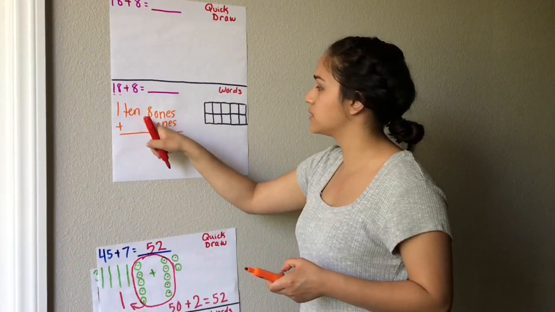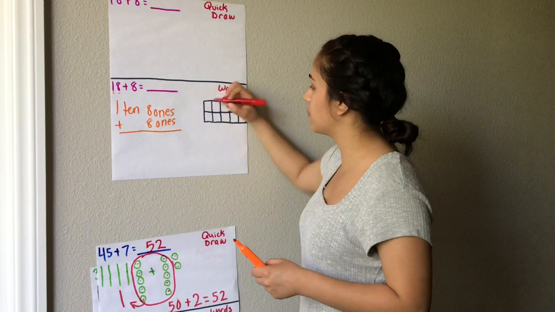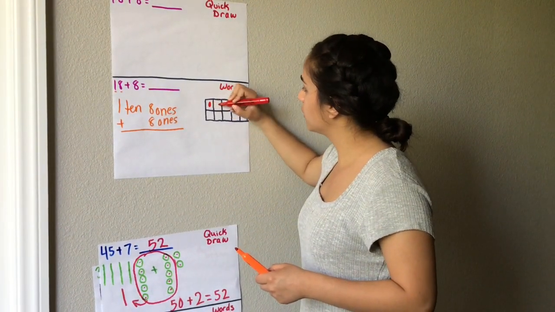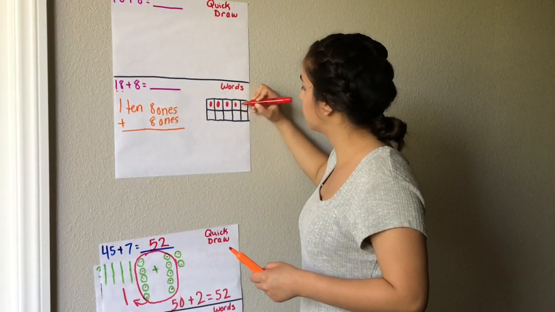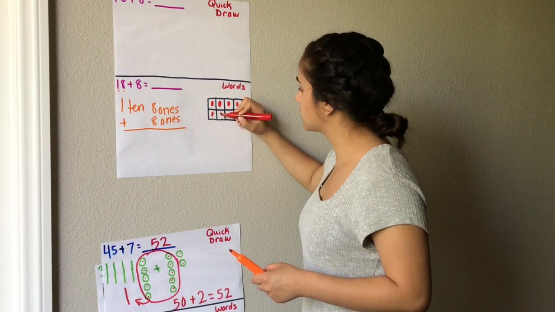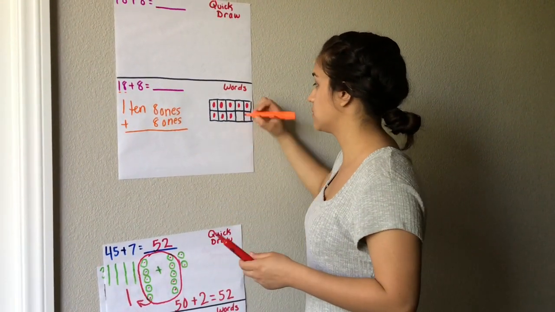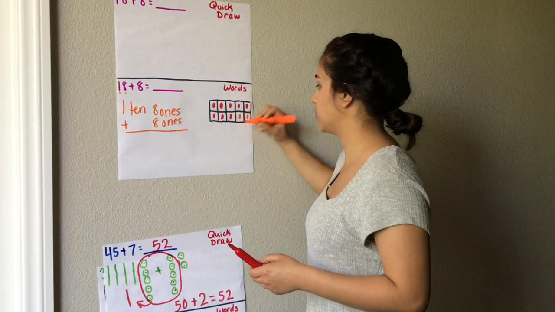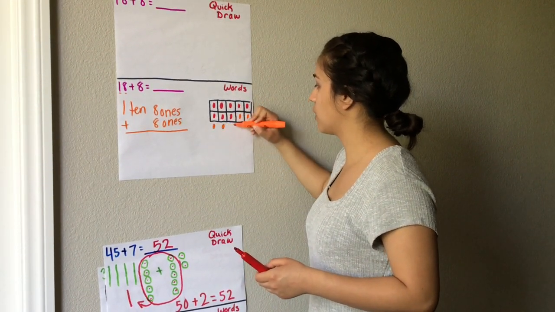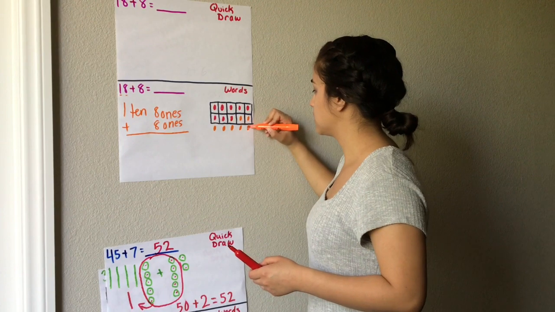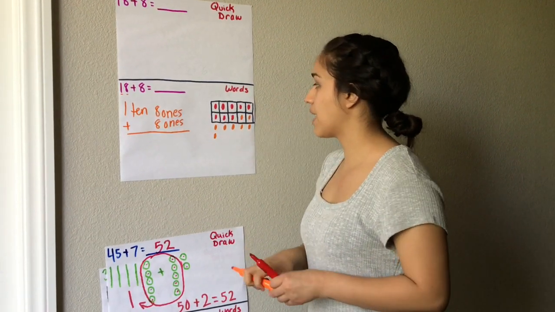So 8 ones. First we have the ones first. 8 ones looks like 1, 2, 3, 4, 5, 6, 7, 8. And the other 8 ones is 1, 2, 3, 4, 5, 6, 7, 8. Wow, I have a lot of extras.